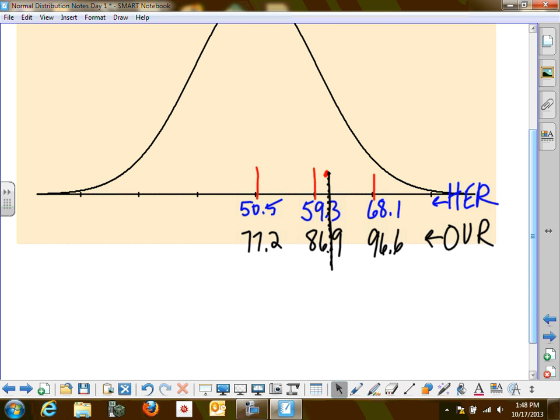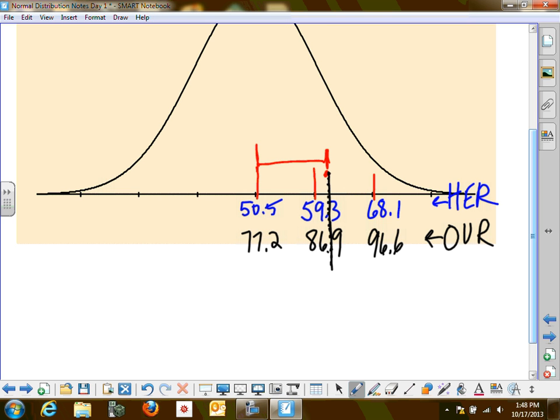I need to know how it's related to the mean. How can I figure out how it's related to the mean? I need to get a concept of this distance, but I can't just say that flat out distance. I need to get it in terms of how many what?